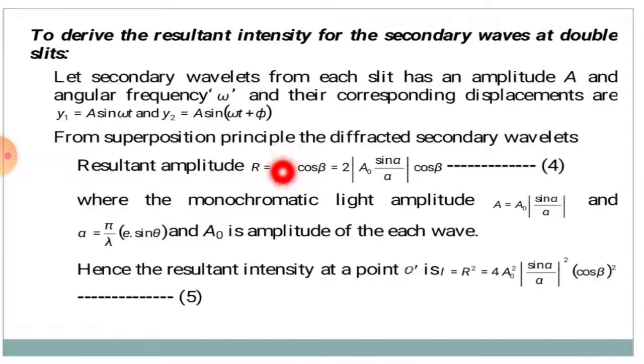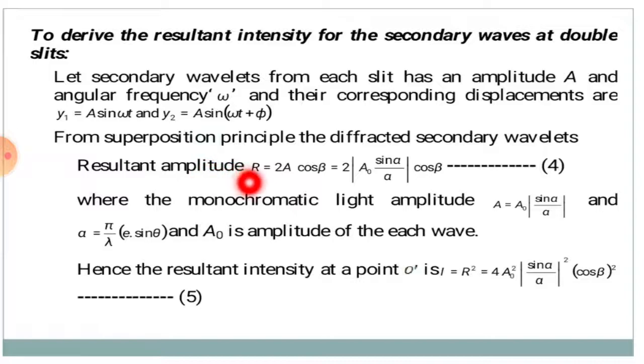It is already found in the single slit experiment, that is, A is equal to A naught sine alpha by alpha, which gives the amplitude of the beam diffracted at a single slit. And here cos beta gives the interference term. Here beta is the phase difference between the waves diffracted from two slits. Now we find out the intensity at any point on the screen.